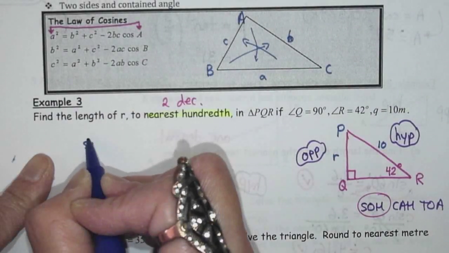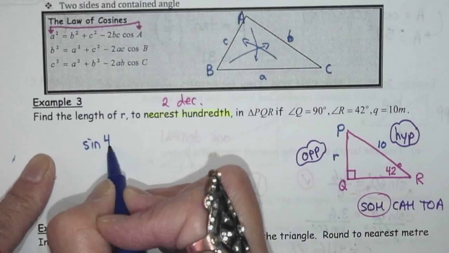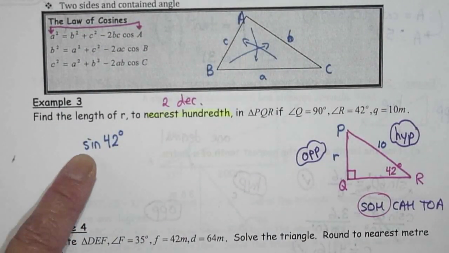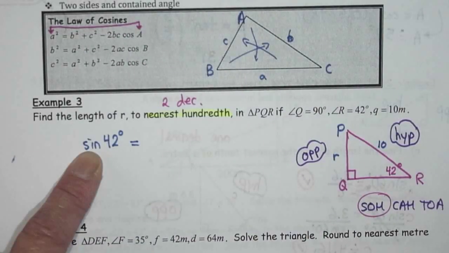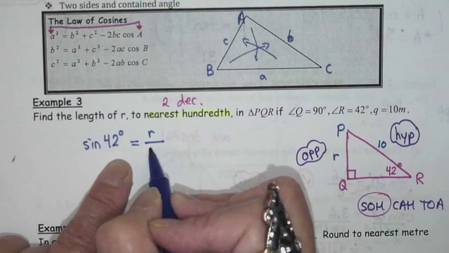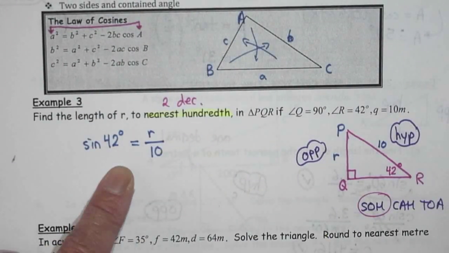So then I'm going to write sine of 42, again not capital for the sine, try not to, equals opposite, which is r, over the length, which is 10.